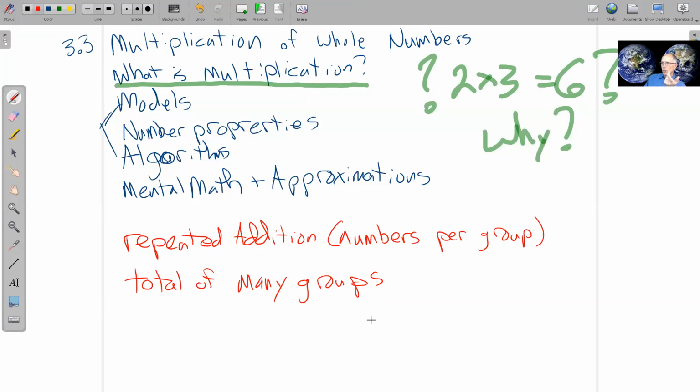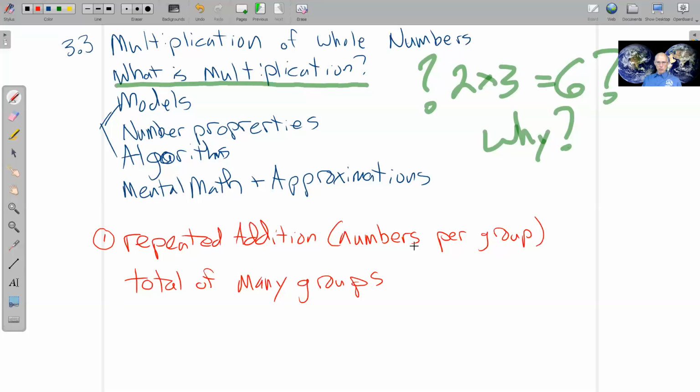Anybody else want to add something to that? So I'm going to try to use those ideas to demonstrate why 2 times 3 is 6. Why isn't it 5? Why isn't it 7? Why isn't it 3? Why has it got to be 6? Okay, so let's call this method number 1 there.